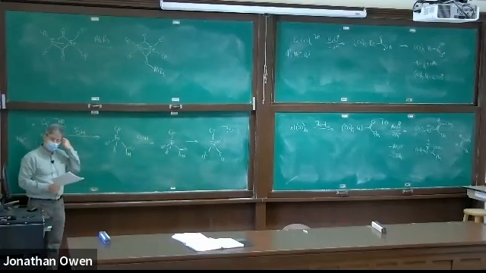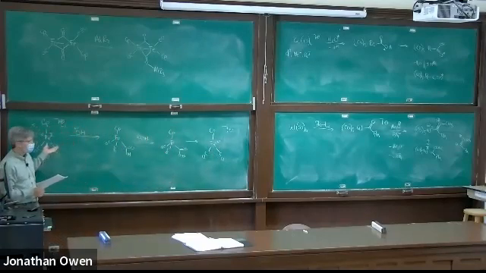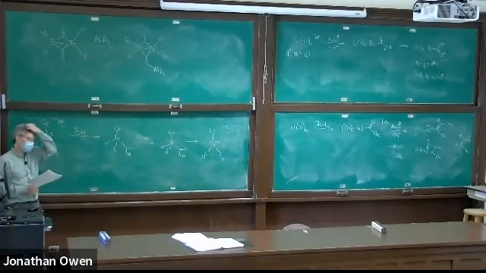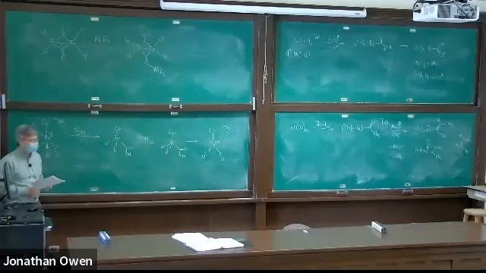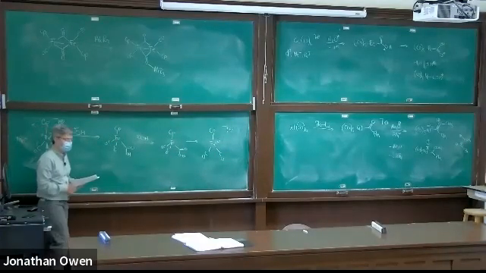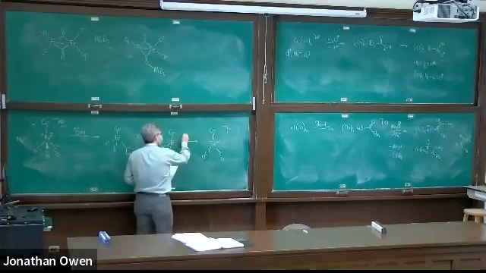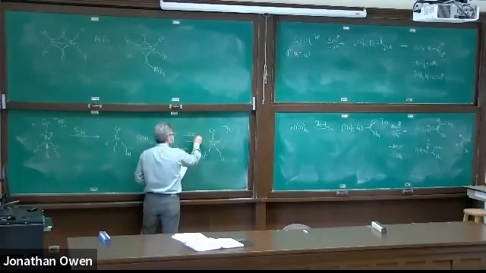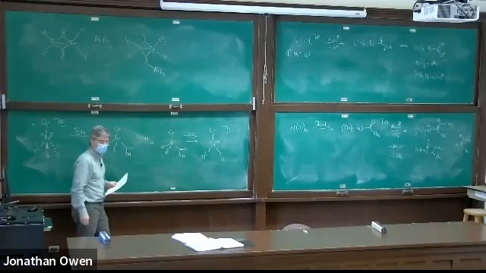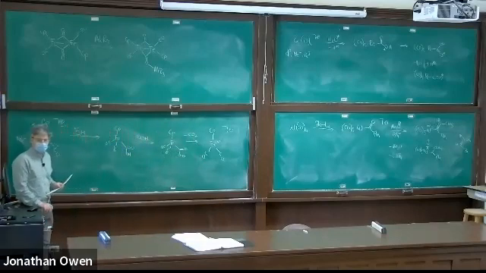How did we get to iron 0? We were in iron 2 land over here. You just added base. Where did those electrons come from? Where do the electrons come from?